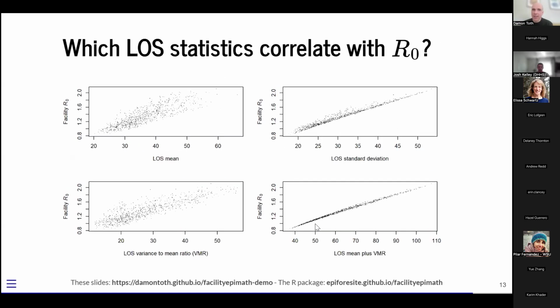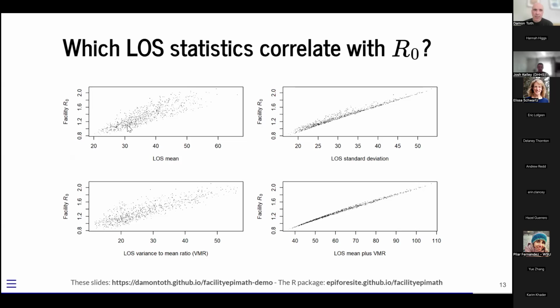So I think the reason this happened is that the mean length of stay is not the only thing that governs R naught. The variance is also important. So in this version, I just kind of randomized all of the length of stay distribution values and showed how it correlates with different length of stay statistics to R naught.